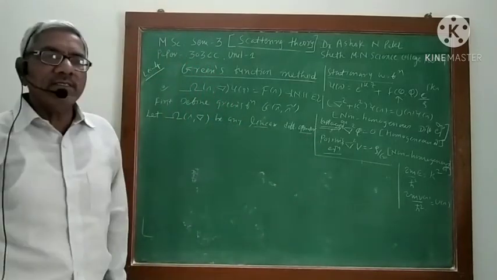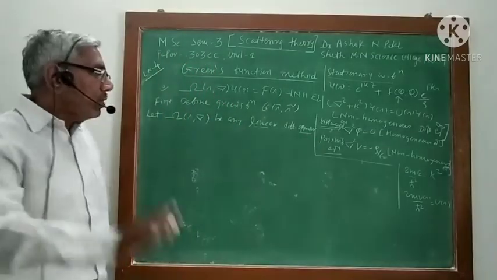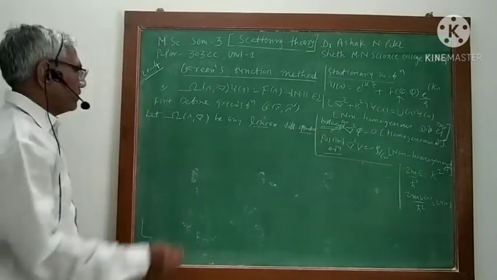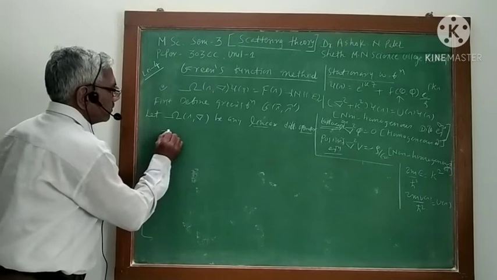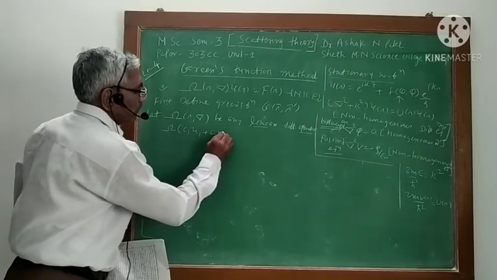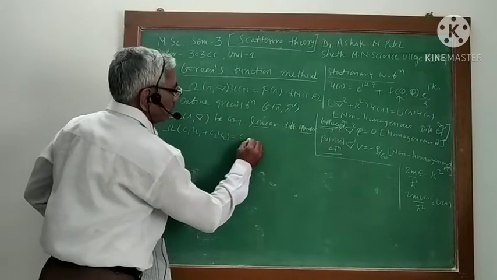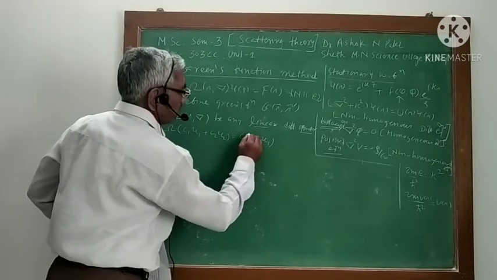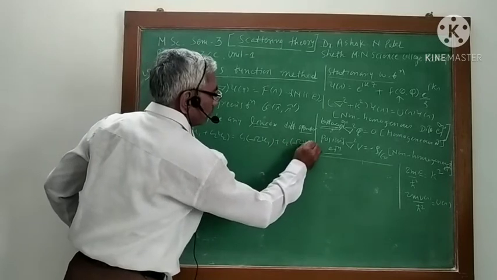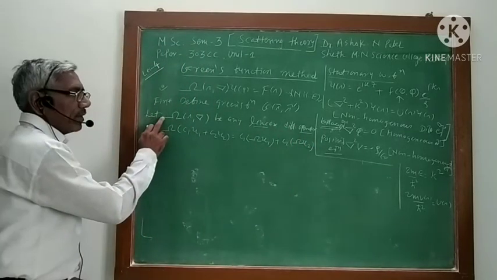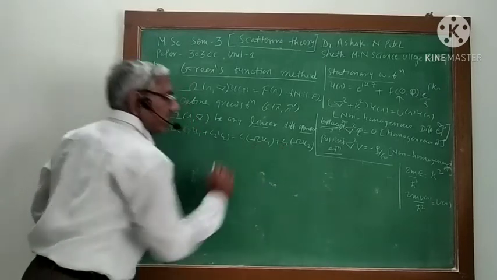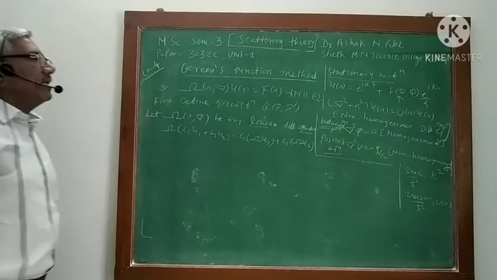In quantum mechanics, in the undergraduate course, you have learned what linearity is. Linearity means that omega of (C1 U1 plus C2 U2) is equal to C1 omega U1 plus C2 omega U2. If this operator satisfies this condition or follows this identity, then we can say it is a linear operator.